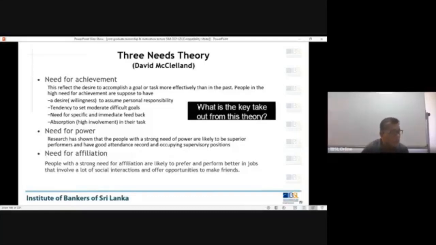So it is important to understand how to select the correct person for that job. So that is the three need theory of David McClelland.